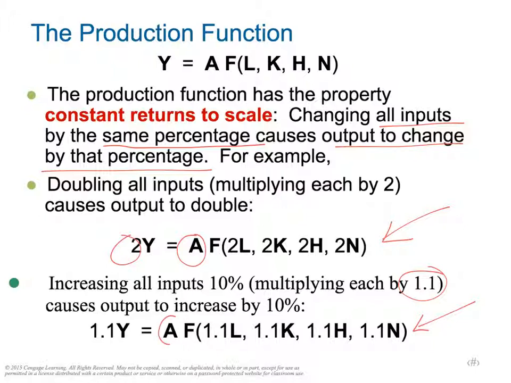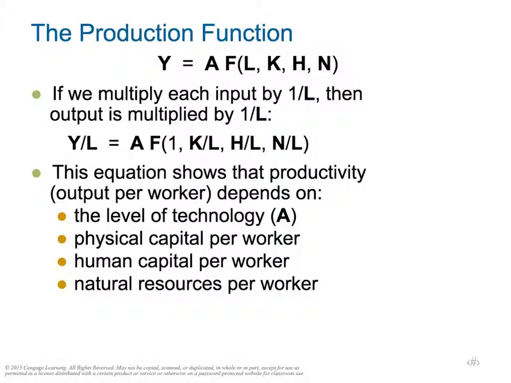So that would be the 1.1 that we're coming up with here. Again, holding technology constant, we're saying the output is a function of the current state of technology held constant, and then increasing each of these inputs: labor, capital, human capital, and natural resources. So that's what we mean by constant returns to scale.